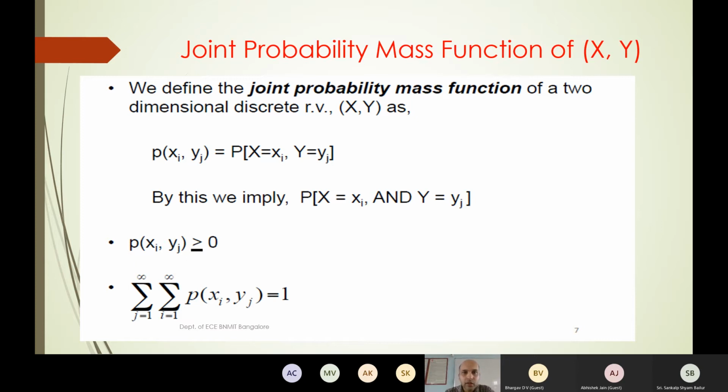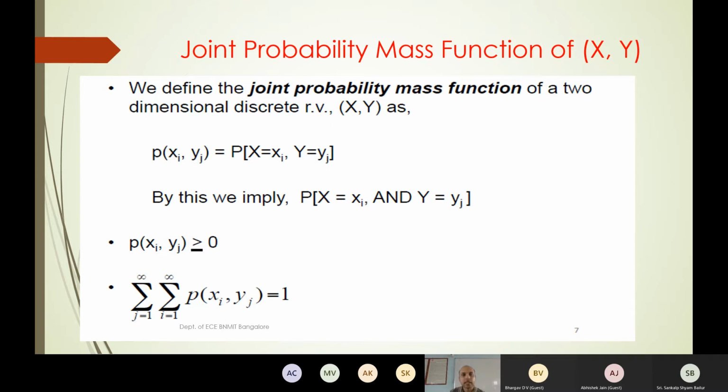We are calling the probability mass function not merely a probability mass function (PMF) as we called in module 1. We are going to call it the joint probability mass function. We define the joint probability mass function of a 2-dimensional discrete random variable. Please note that it is p of (x, y) at (xi, yj) equal to P(X = xi, Y = yj).